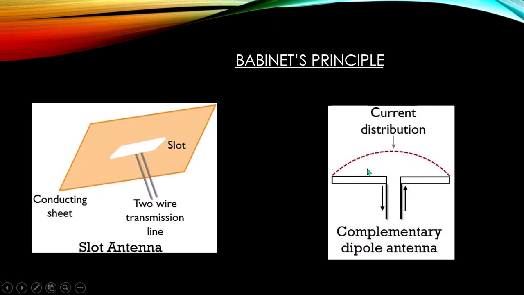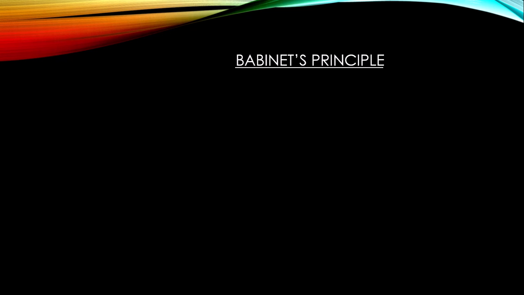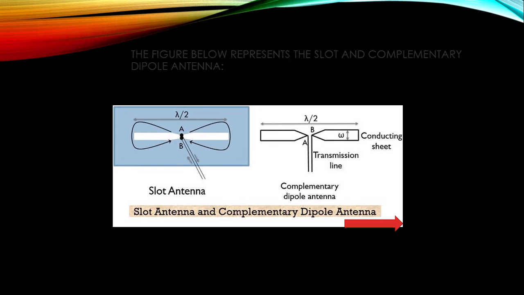This is the current distribution of the antenna. It basically shows the relation of the radiated field and impedance of the slot to the radiated field of the dipole. The figure below represents the slot and the complementary dipole antenna.